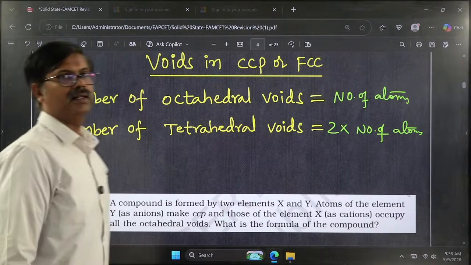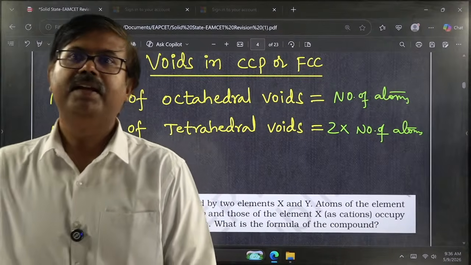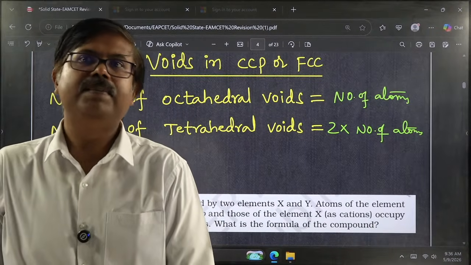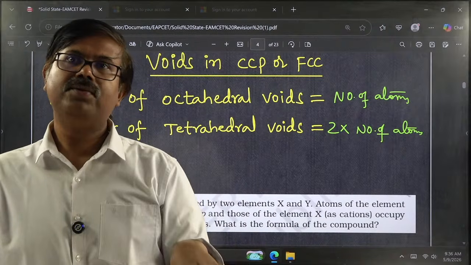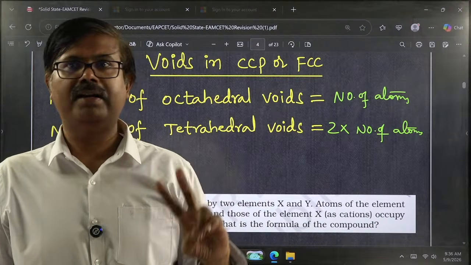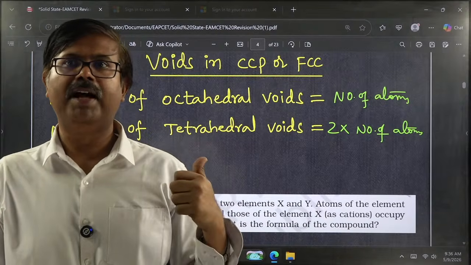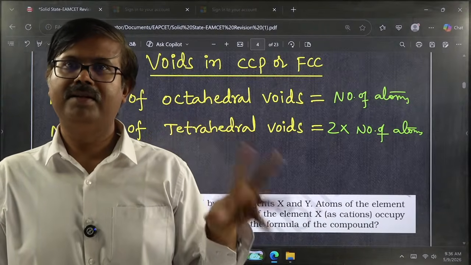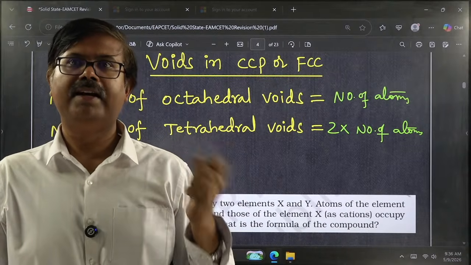And one more is there, HCP, hexagonal closed packing. This is cubic closed packing, and in HCP also there will be voids, tetrahedral and octahedral. 2 types of empty spaces will be there. There also the same formula: octahedral will be equal to number of atoms, and double of that is the tetrahedral voids.